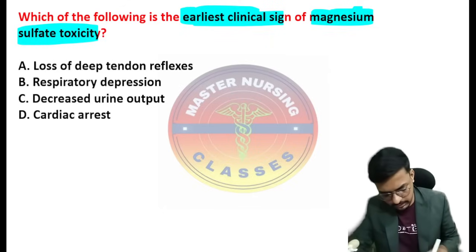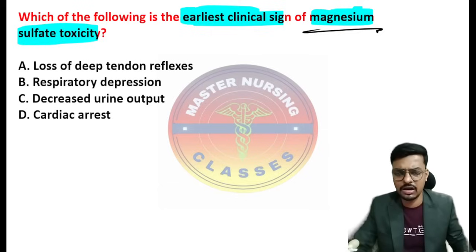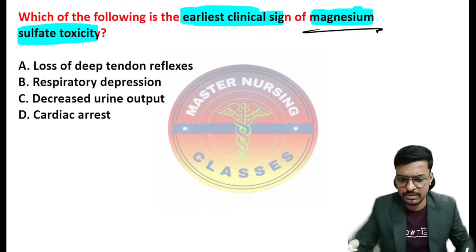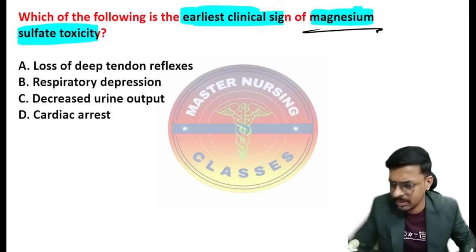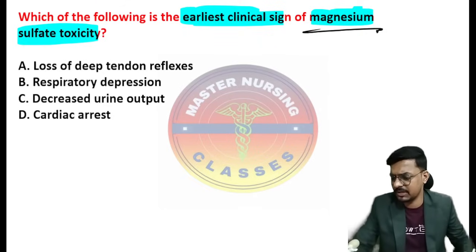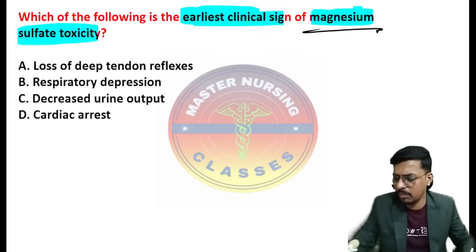MgSO4 is the drug of choice for severe preeclampsia, for eclampsia, and for Torsades de Pointes, the polymorphic ventricular tachycardia, which we have seen in the previous class. The drug of choice for pregnancy induced hypertension is labetalol, as we saw in the OBG rapid revision session.